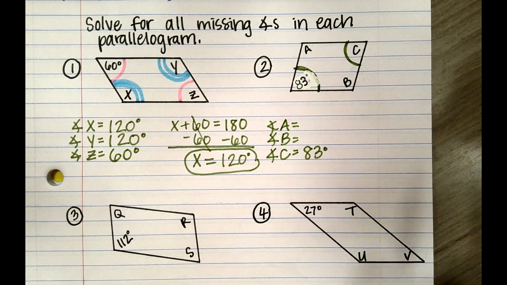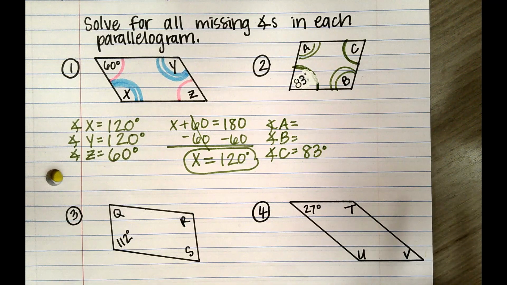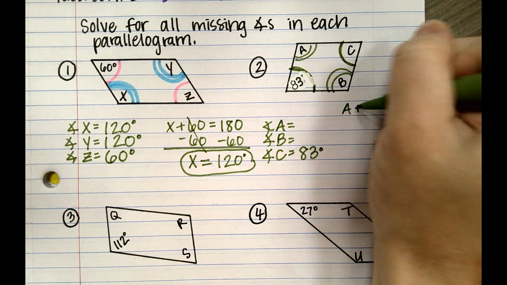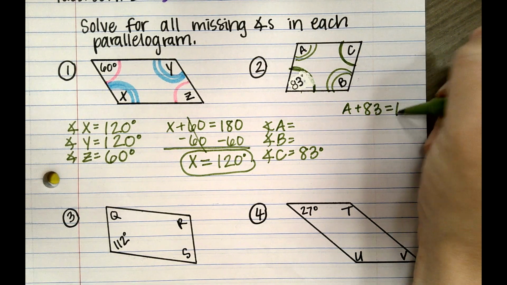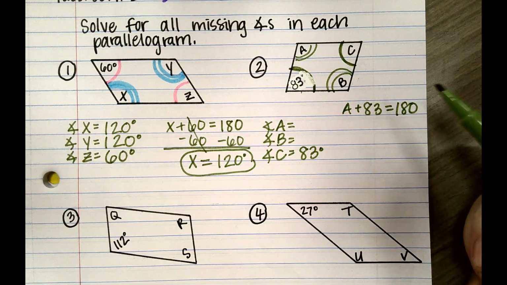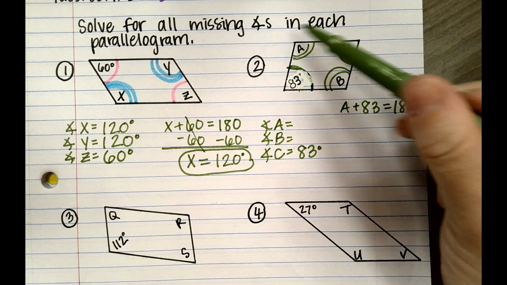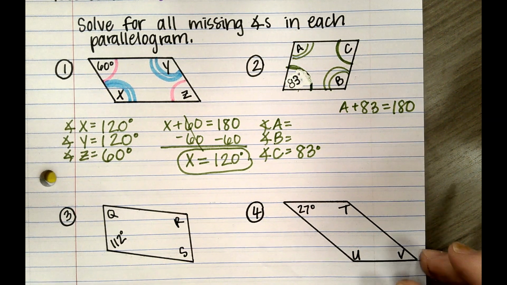And then what could I do to solve for A and B? A plus 83 equals 180, because these two add up to 180. Now, if we were going to do all 4 of them together, it would be 360. But when we're just doing 2, it'll be half of that 360, 180.